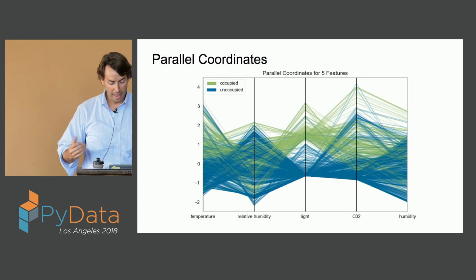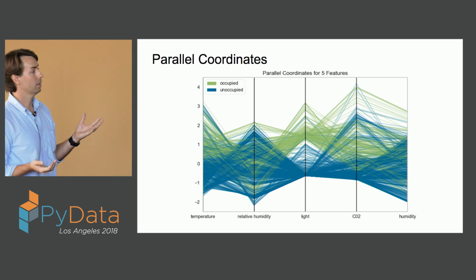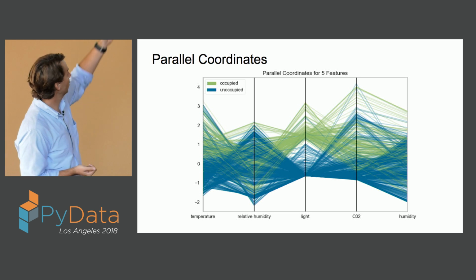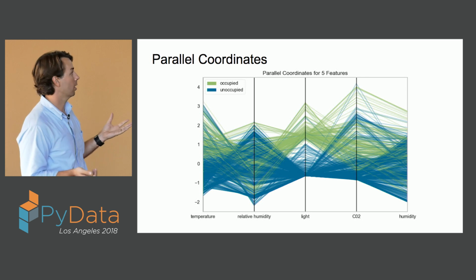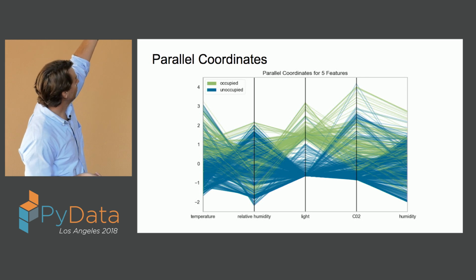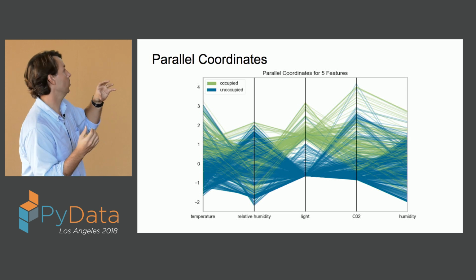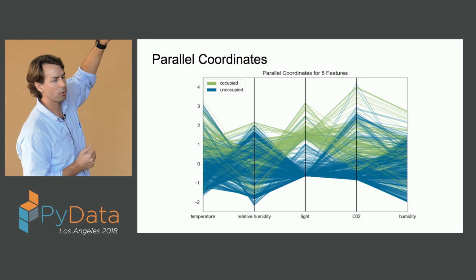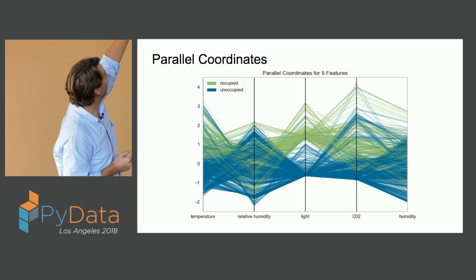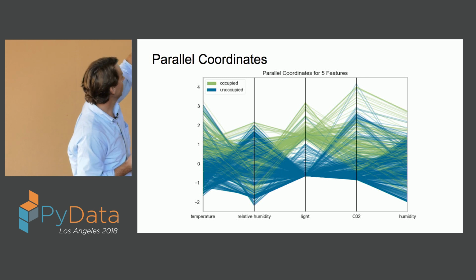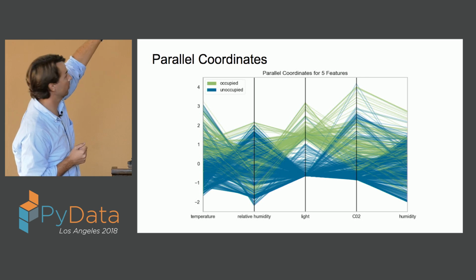So you run that, and for this case, you get parallel coordinates. This is one of our feature visualizers. This data set is for apartments, whether they're occupied or unoccupied. And this is a visualization for you, the developer, to quickly determine the feature separation. Looking at apartments that are occupied versus unoccupied, you can see right off the bat, unoccupied apartments have a lower level of light.